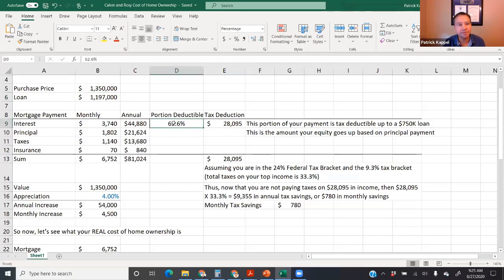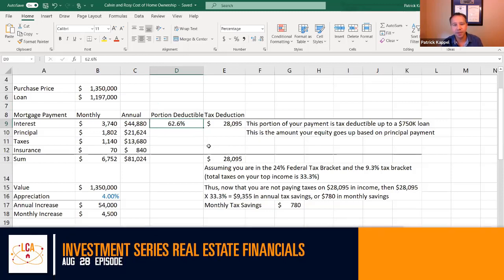That's tax code, right? So I did the calculation, and $750,000 of this loan happens to be 62.6% of that loan. So I simply took 62.6% times their annual interest payment, and they can deduct $28,095 per year off of their taxes.